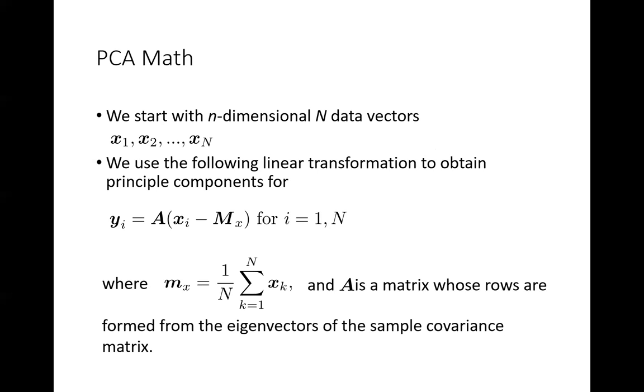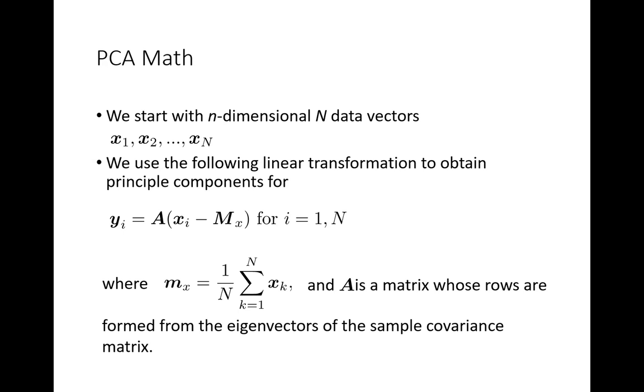Last lecture, we started talking about PCA. I mentioned that PCA stands for Principal Component Analysis, and it's a technique that is used for data approximation or data reduction. Through PCA, you can reduce the number of dimensions while approximating the data.